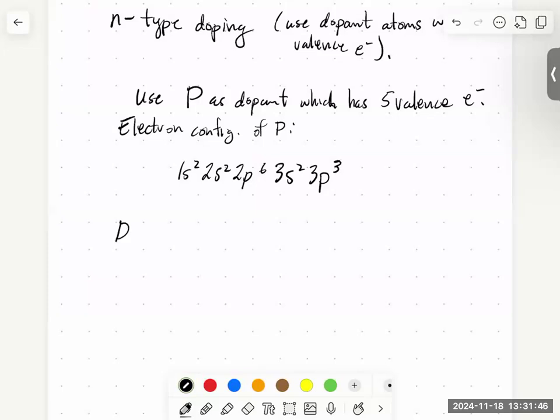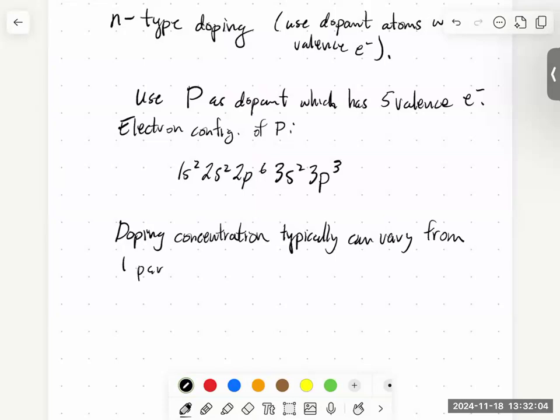So the doping concentration typically can vary from 1 dopant per 1,000 silicon to 1 dopant per 1 billion silicon atoms.